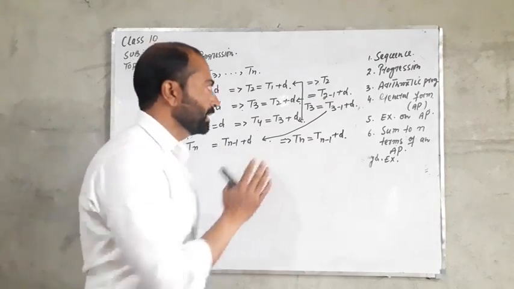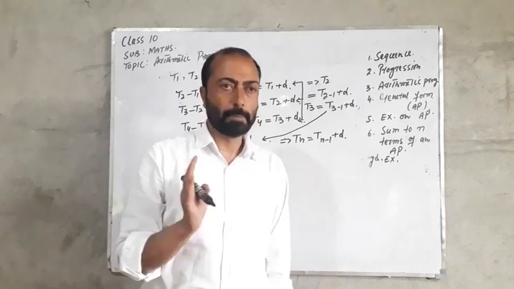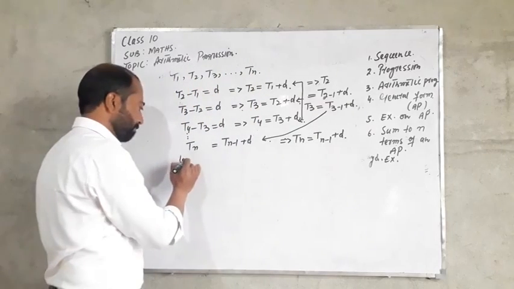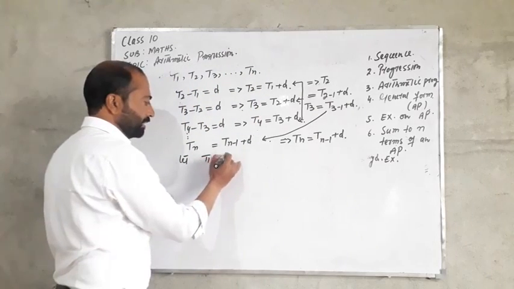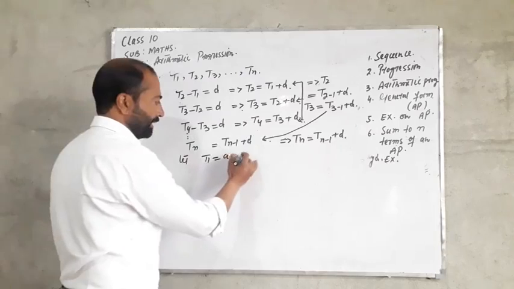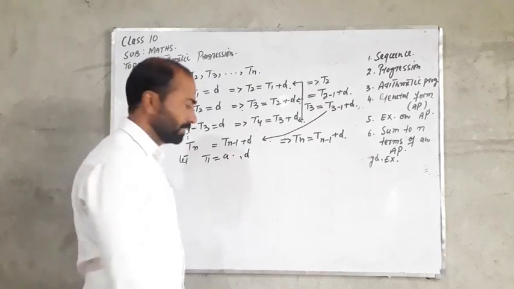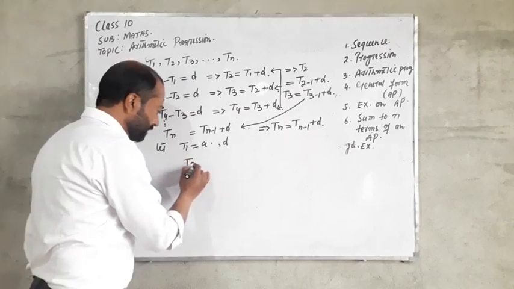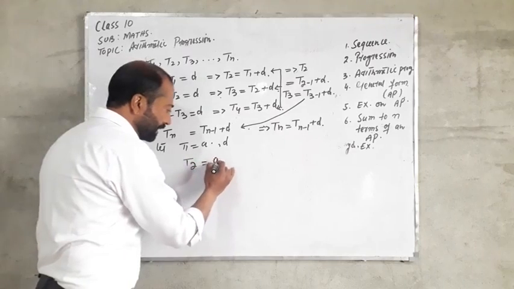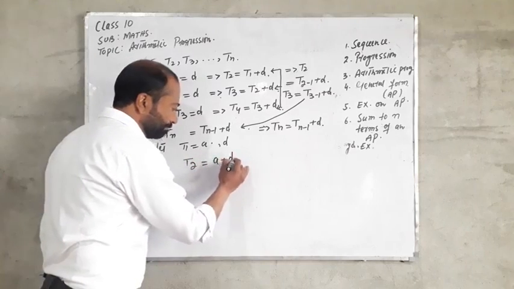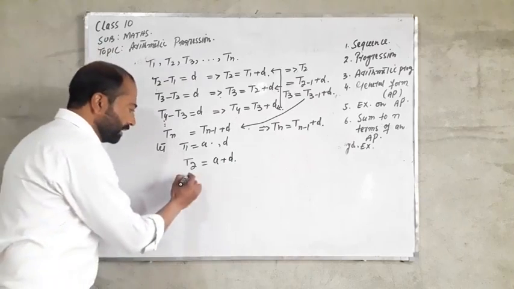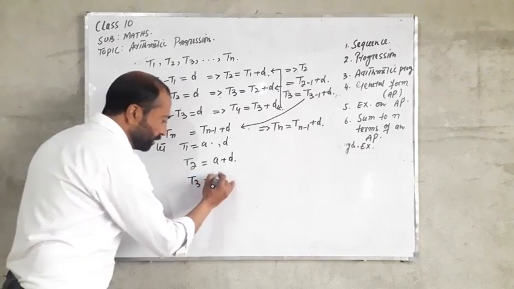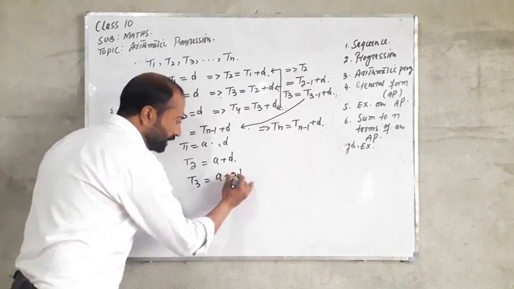Now I will give the general form of this AP. Let T1 be equal to A and D is the common difference. So writing here, now look here, T2 can be written as A plus D. And T3 is equal to A plus 2D.